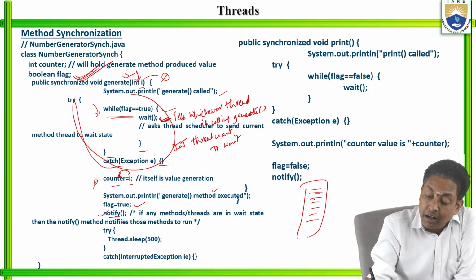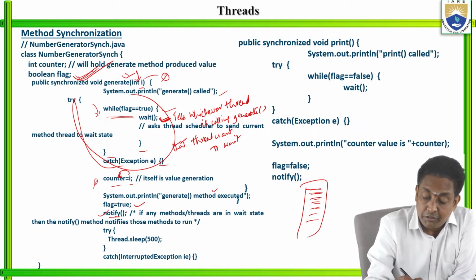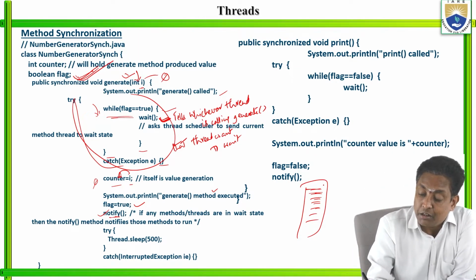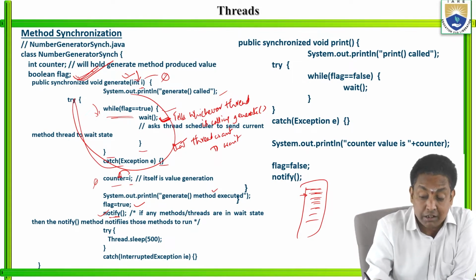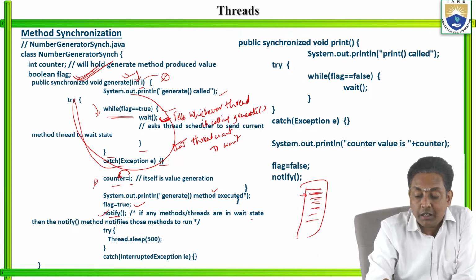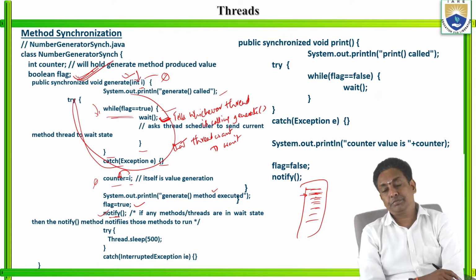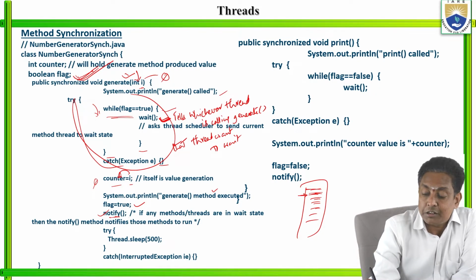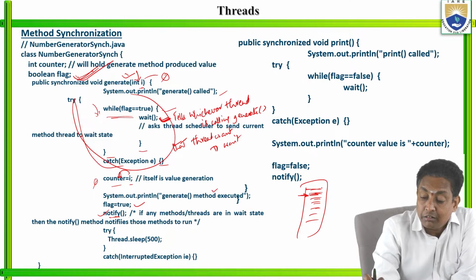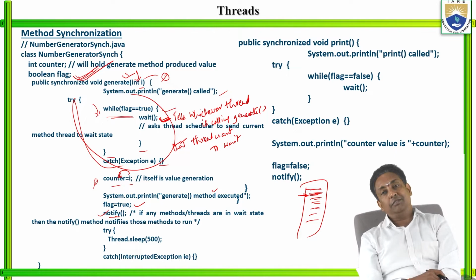If any threads are in the wait state, then while the first thread is running, the remaining threads are in the wait state now. The notify method tells the thread scheduler that any threads waiting next to this thread are notified to start their execution. The next thread in the thread scheduler is ready to run and notified, but control is not given yet.